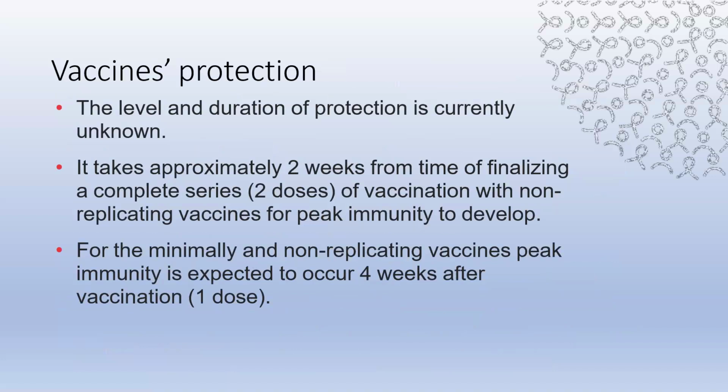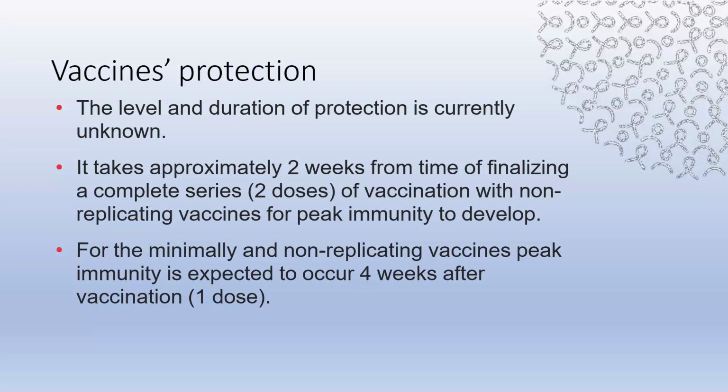About the vaccine's protection, again, the level and duration of protection is currently not known. It takes approximately 2 weeks from the time of finalizing a complete series of vaccination with the non-replicating vaccine for immunity to peak.